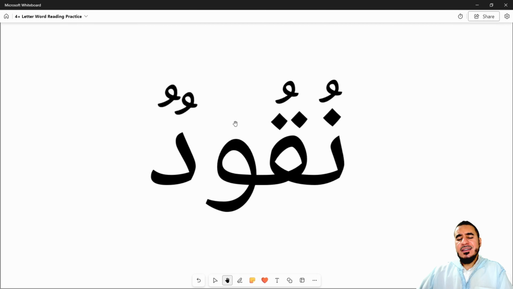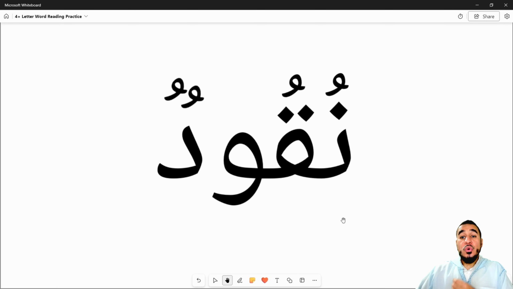Okay, it has a sukoon on it because there's no haraka either above or below. So that means it has a sukoon. And before it is a letter with a dhamma above it. So this means the waw is lengthening the dhamma sound on this qaf. So how do we read this word? It would be nuqudun. Nuqudun. Okay? Nuqudun.